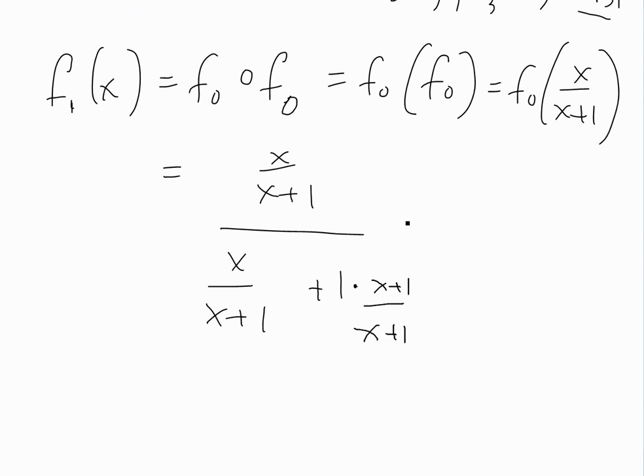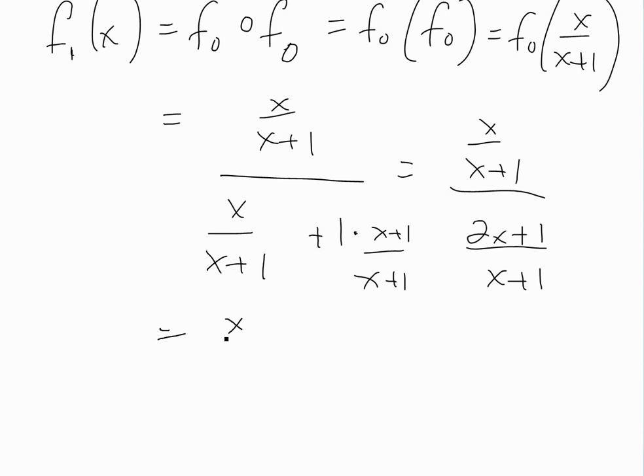The bottom denominators are the same, x plus 1, and the only thing that adds is x and x, so we get 2x plus 1. This divided by x plus 1, and the x plus 1 cancels out, so we're left with x divided by 2x plus 1. That's f1 of x.